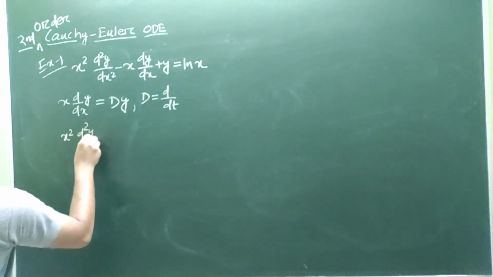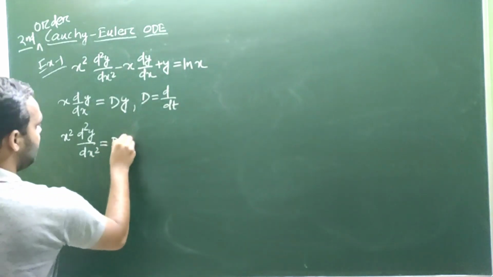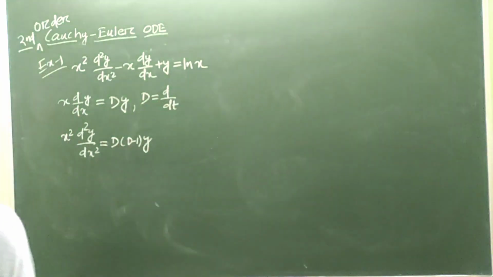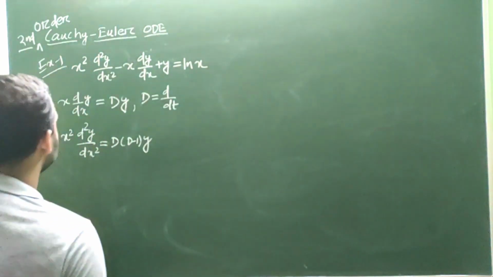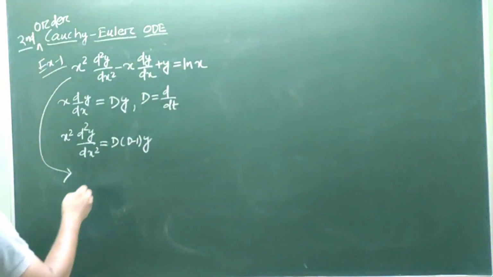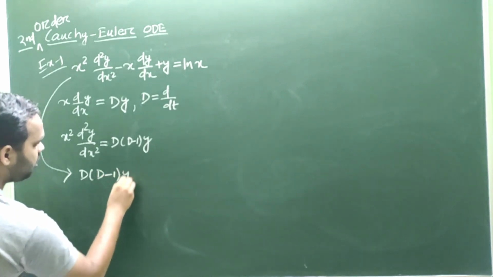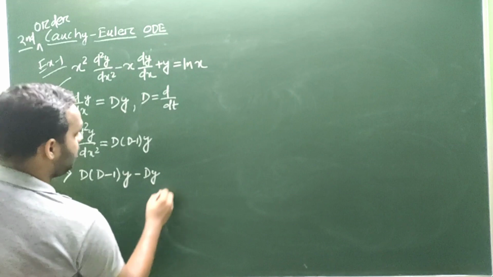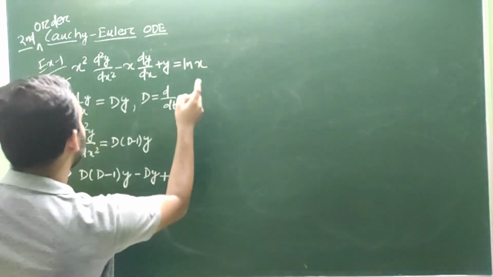Right? x square d square y by dx square will be equal to D into D minus 1 into y. So if you make this substitution, what we will get? This equation will be D into D minus 1 y minus Dy plus y is equal to log x.